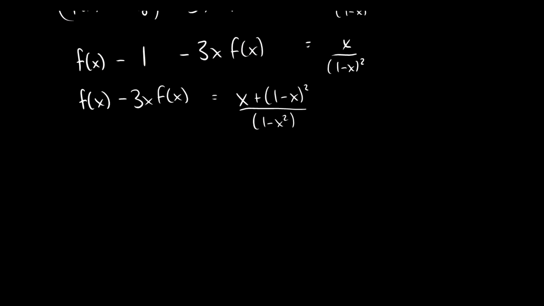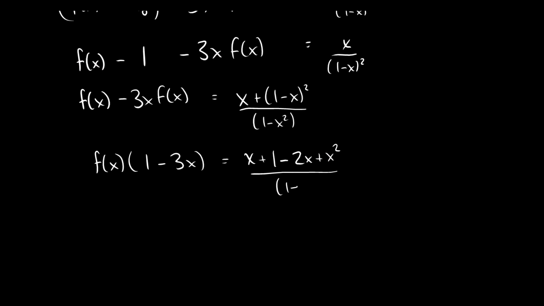Now we can factor out that f(x). So f(x) times (1 minus 3x) is going to be equal to x plus 1 minus 2x plus x squared, all over (1 minus x) all squared.